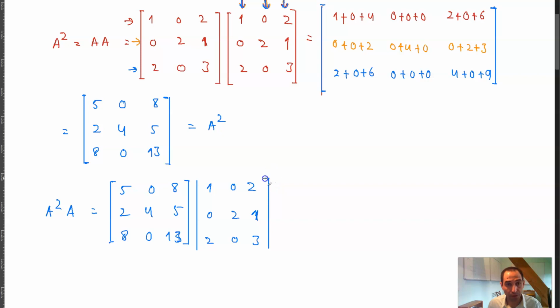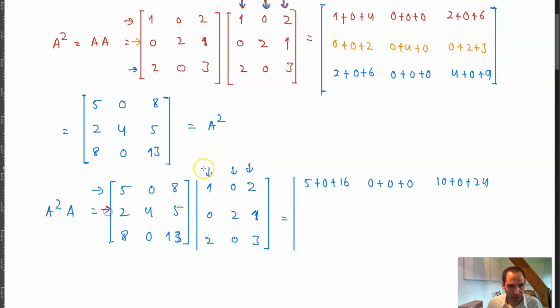So this row and this column gives me 5, 0, 16. This column gives me 0, 0, 0. This column gives me 10, 0, 24.